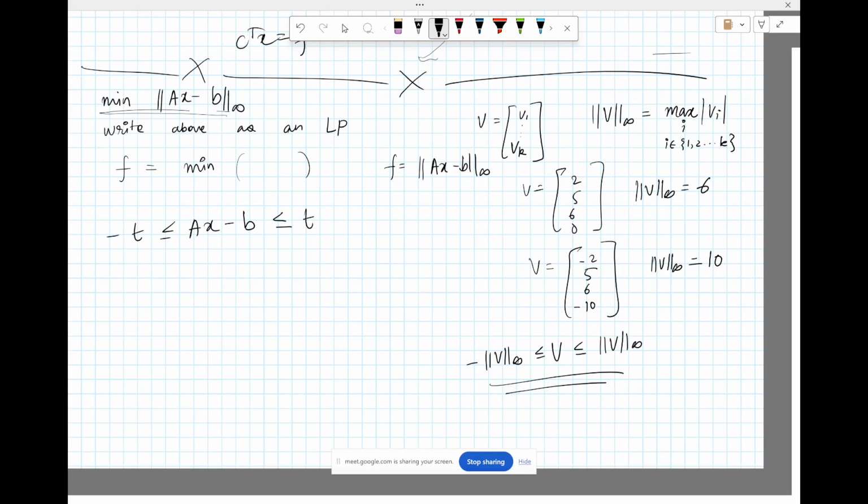Now this t is what we need to minimize. So I can write t here, right?